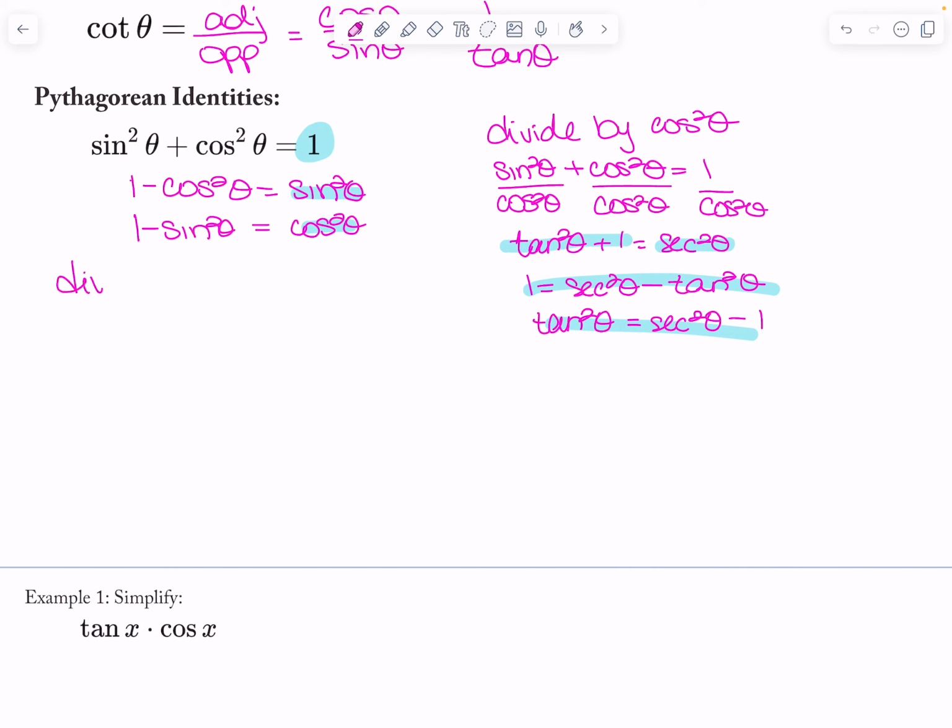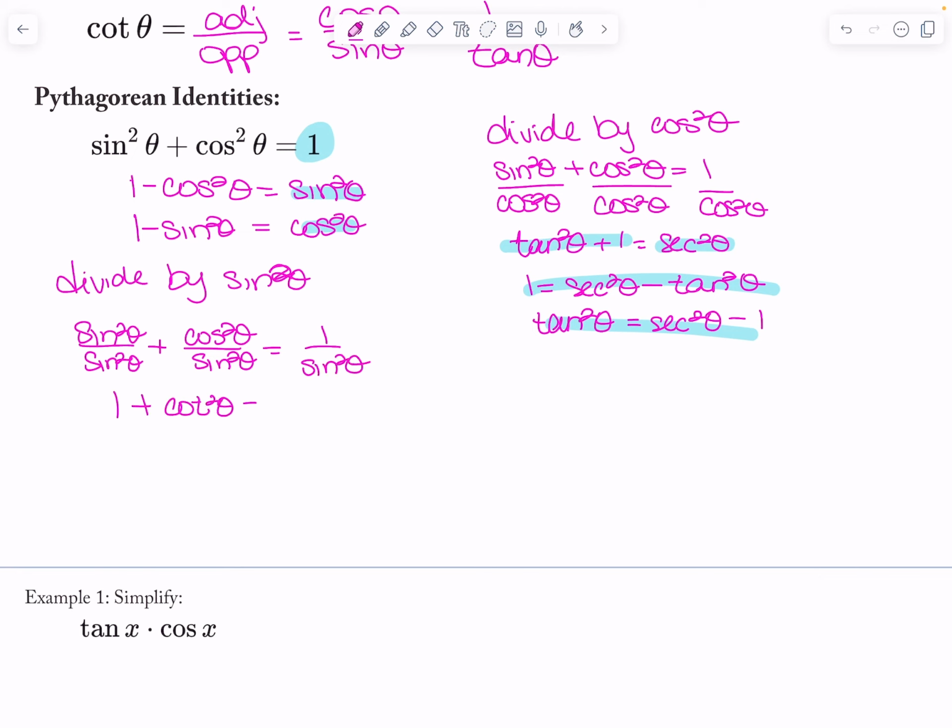I could also divide by sine squared. And when I do that, I'll get 1 plus cotangent squared is equal to cosecant squared.